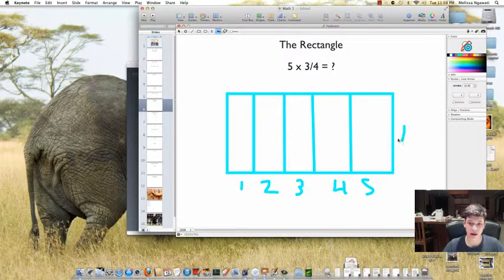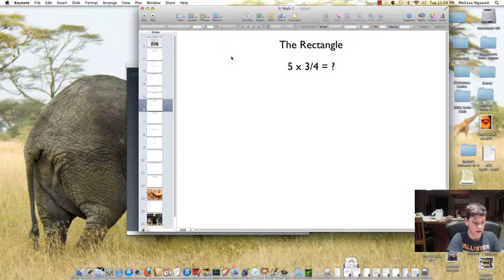Now we need to divide this height into fourths. As you can see, we have our loonie, but that loonie is the same as 4 quarters.